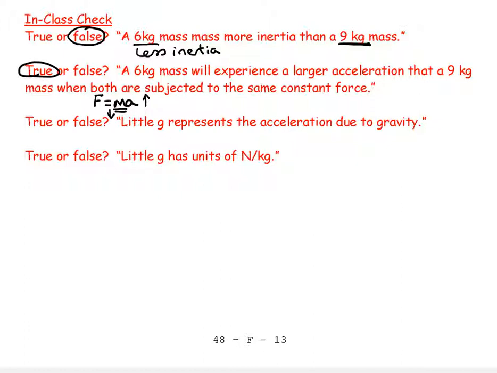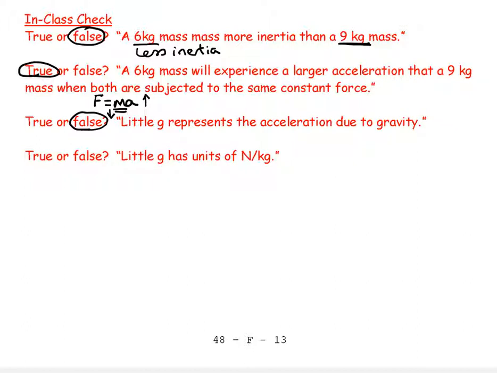True or false? Little g represents the acceleration due to gravity. Now, some teachers will define little g as the acceleration due to gravity. I just think it's not helping you with physics 2. I prefer to define it as little g is the gravitational field strength. So I would say that for my notes, that answer is false.